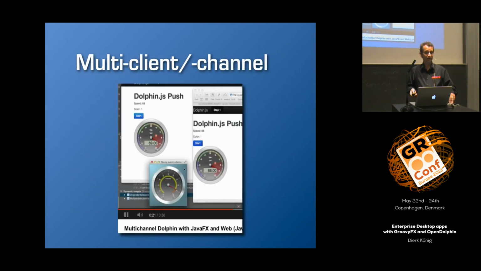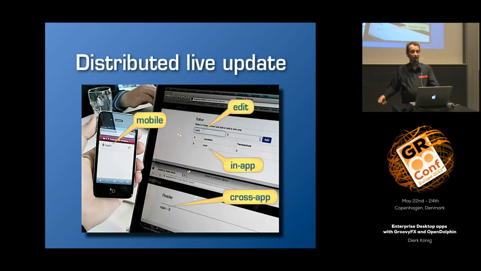You can see the demos on my YouTube channel for even having a JavaFX view and a web view of the same information being updated in real time. You can have two different applications in two browsers and a mobile one. And when you change any character here, it's immediately updated across applications, and on your mobile.